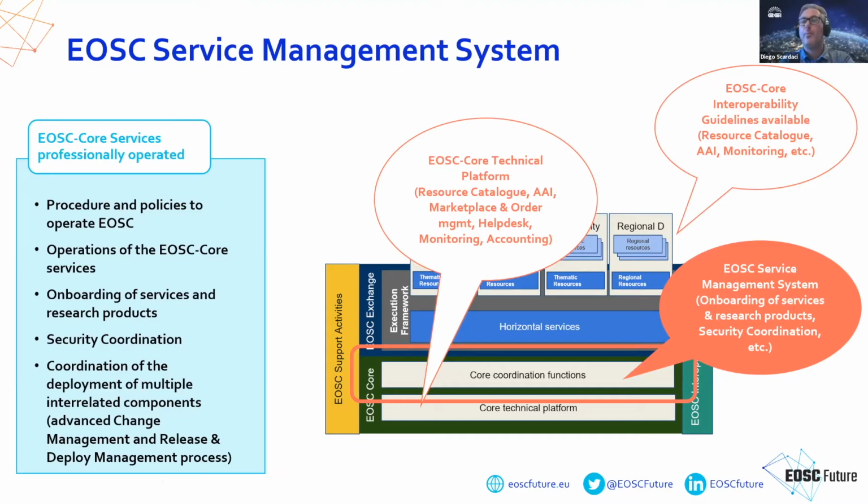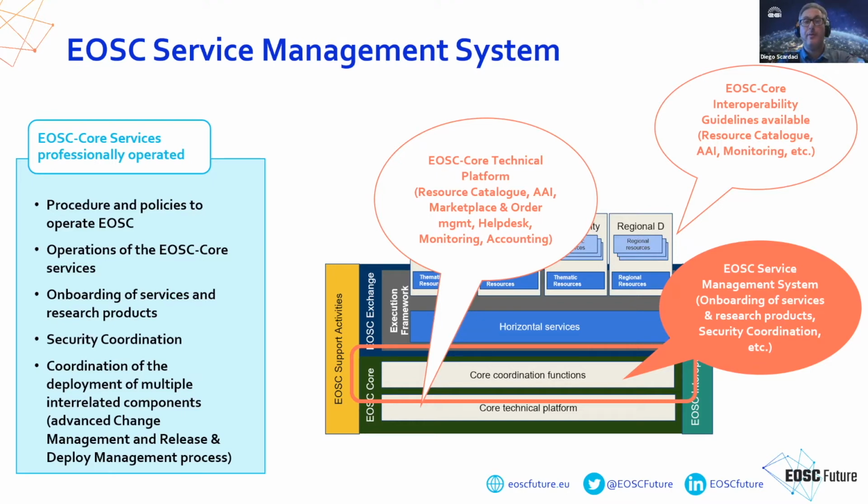Then, as I said earlier, in the green box of the EOSC Core within the EOSC architecture, we have also a second component, which is the core coordination function. The core coordination function is all the processes and policies that are needed to operate EOSC. Having the core services is not enough, but we also need the procedures and the policies that can allow us to understand how we can operate all these different services.